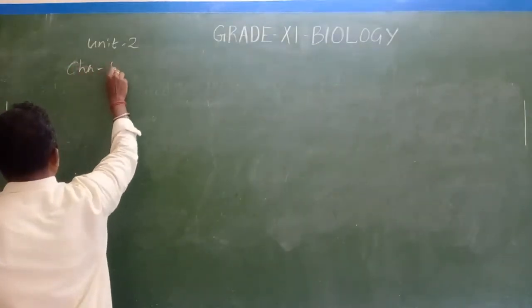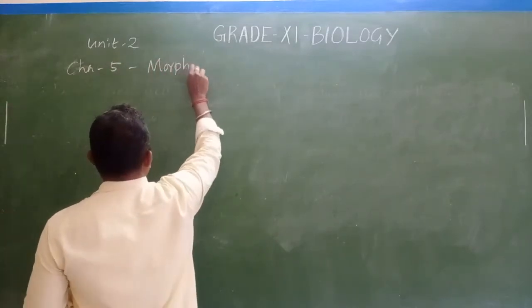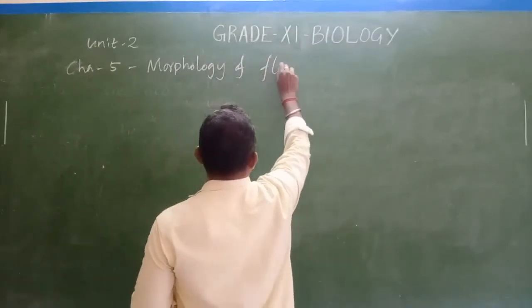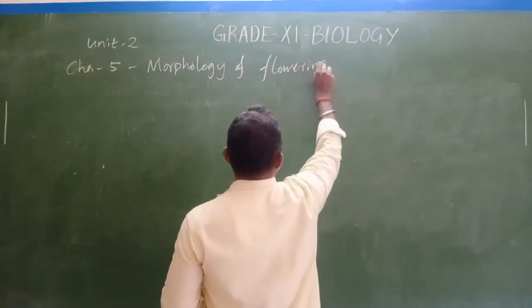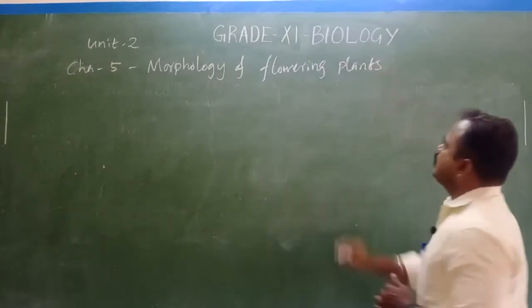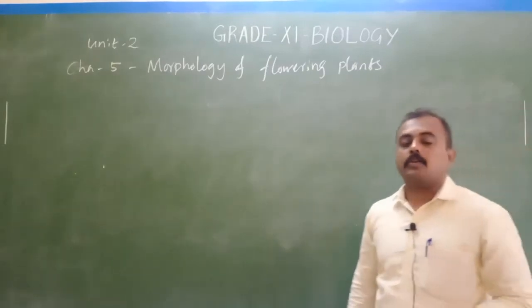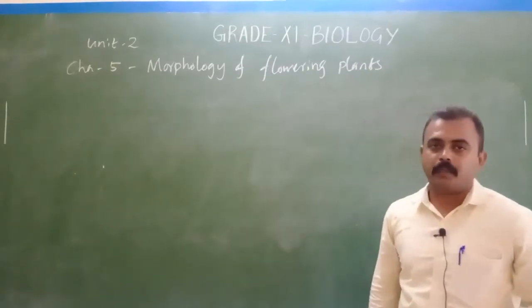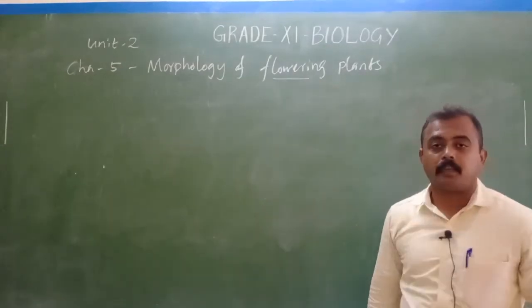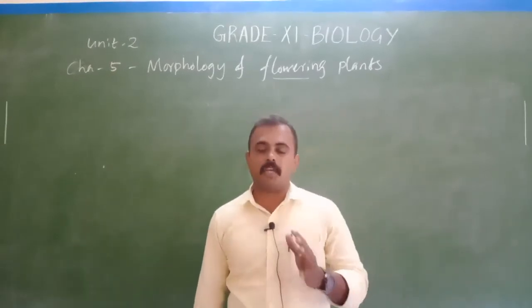chapter 5, Morphology of flowering plants. This chapter is very interesting, because we are going to learn about the flower: the structure, size, and shape of the flower.